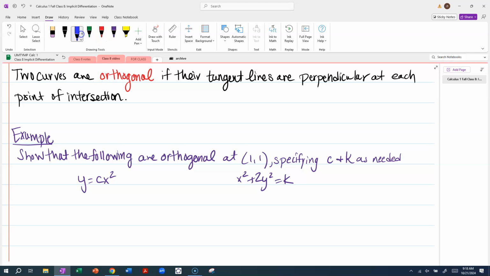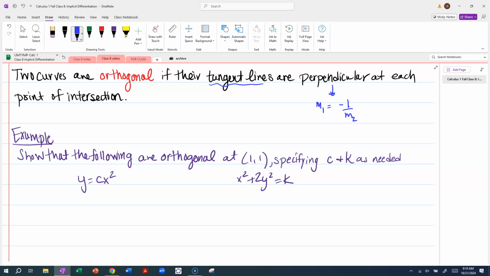There are tangent lines built in here, so we need to find tangent lines. And then perpendicular, how do we show perpendicular? That's the idea that m1 is the opposite reciprocal of the other slope. So we need to find their tangent lines, look at their slopes, and make sure they're perpendicular at the points of intersection. There's just no work for us to do, right? Just kidding. Let's get started.